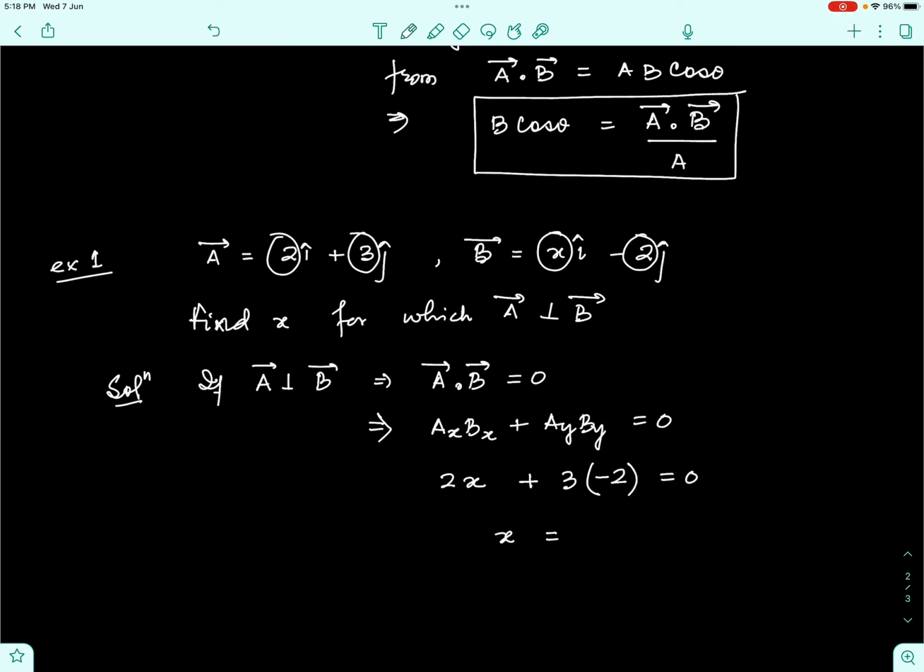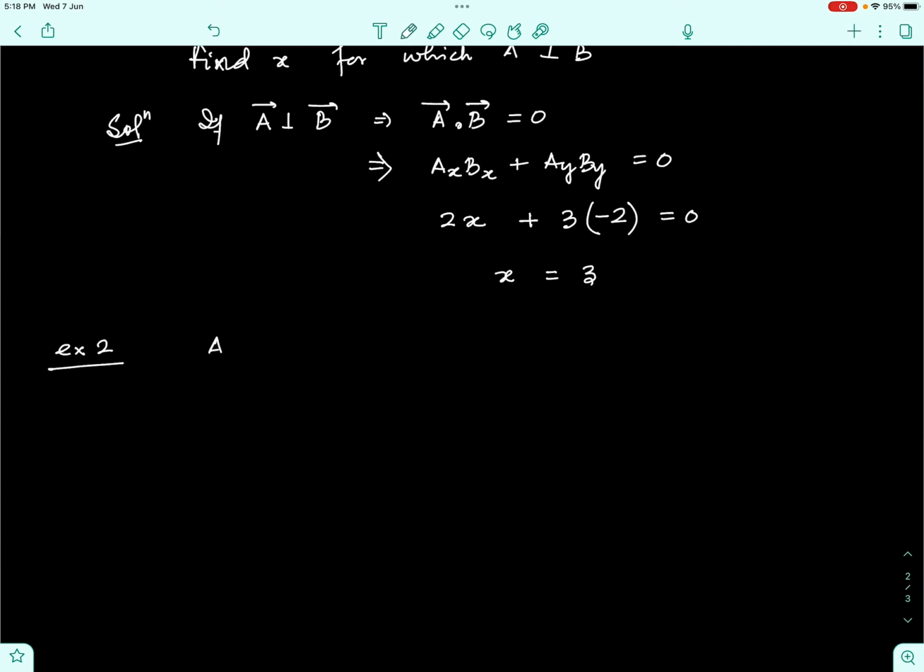As another example, where we try to find out the angle between two vectors, let us have vector A, which is given by i cap plus 2j cap, and vector B, which is given by 2i cap minus 2j cap, let us take it.